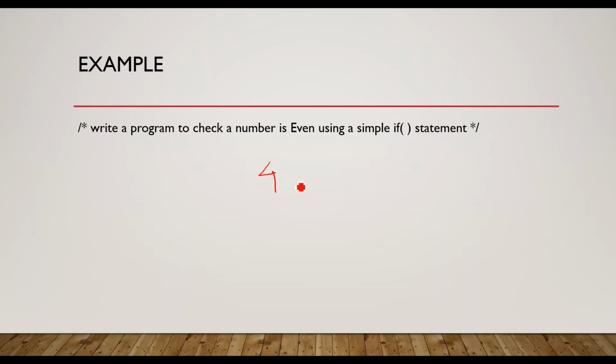If this number divided by 2 is equal to 0, then it is an even number. Means the condition is 4 divided by 2 equals 0. In this way you can put this condition in your if statement so that you can write your Java program using the if statement.